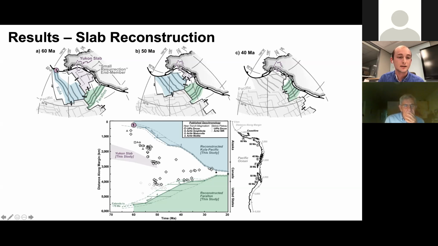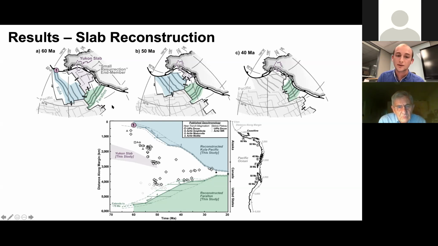So we can do that by plotting these points of intersection between our reconstructed Kula plate, for example, and North America. So that gives us one point here that we can plot. Again, we're just plotting distance along Western North America against time, where 0 is Sanak Island and 6,000 is Southern California.